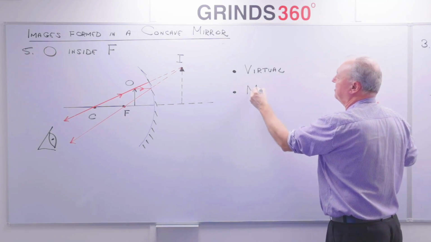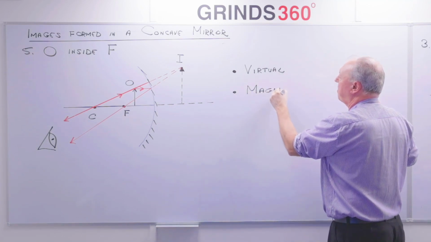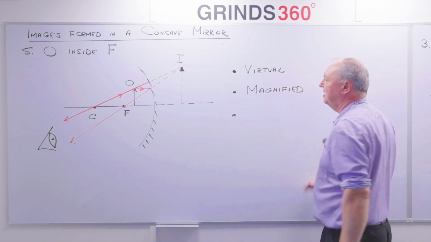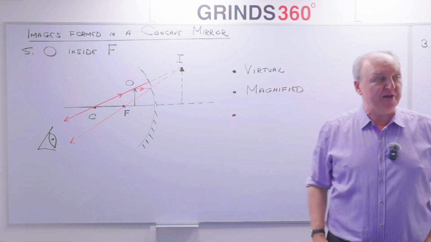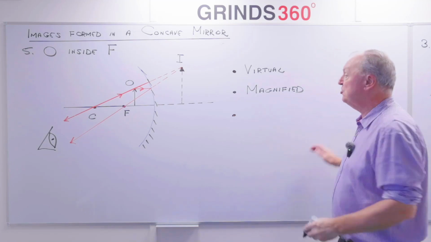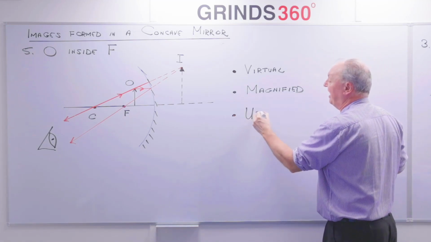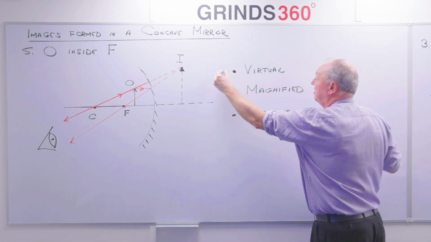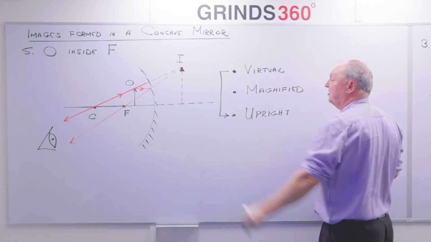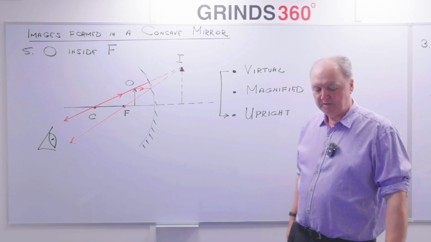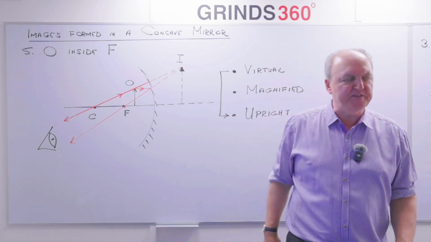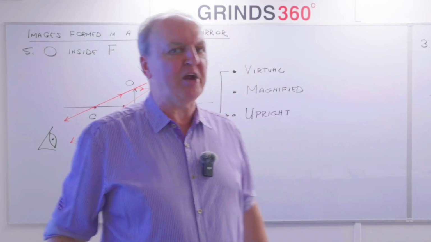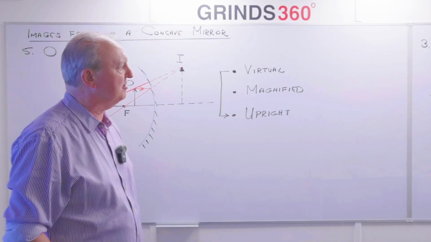It's magnified. And the last thing, it's not inverted, it's the right way up. So it's an upright image. Actually, you will find that all virtual images end up being the right way around. They are upright. So they're the 5 different image formation diagrams that you need for concave mirrors.